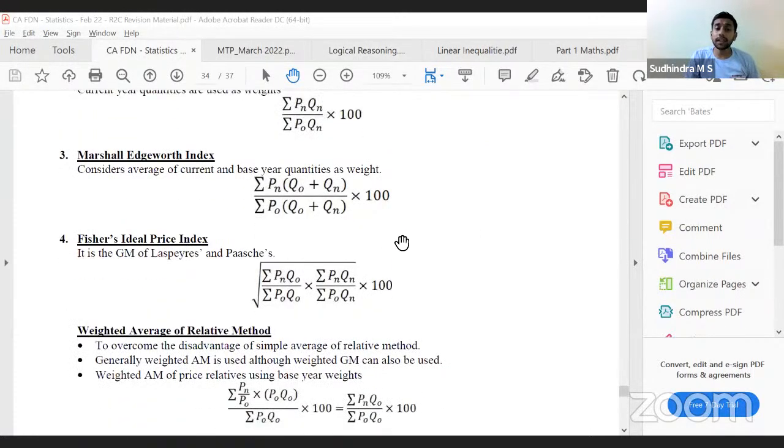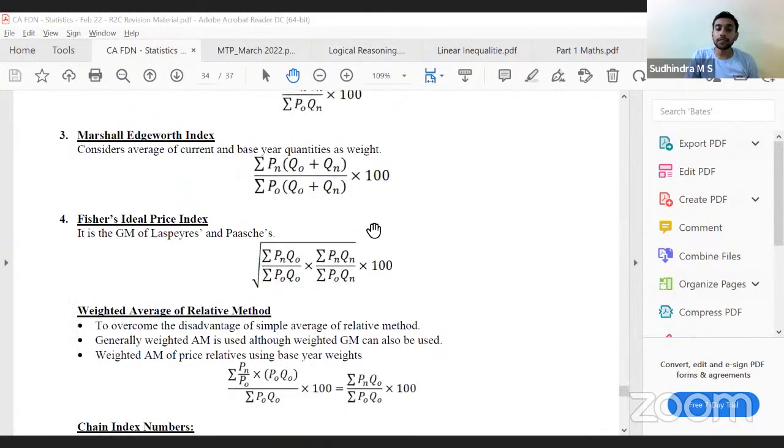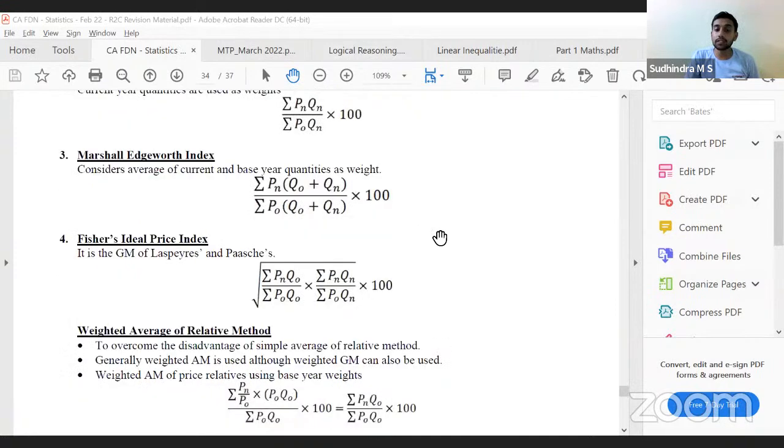Weighted average, the next method. This is the weighted aggregate index. Now, weighted average of relatives. What are we doing here? We are giving value as the weight. So we know that the simple average of relatives is summation P1 by P0, right? So here what are we doing?